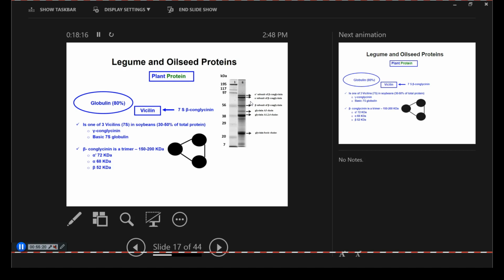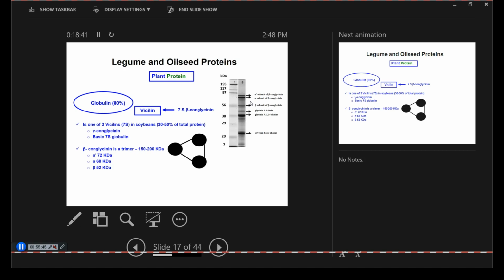So it has 3 different subunits, alpha prime, alpha, and beta subunits. And they vary slightly in their molecular weight, 72 kilodalton, 68, and 52 kilodalton. Together they have around, on average, 180 kilodalton.